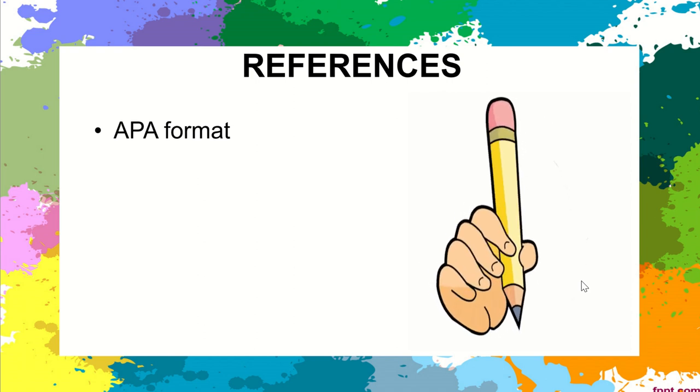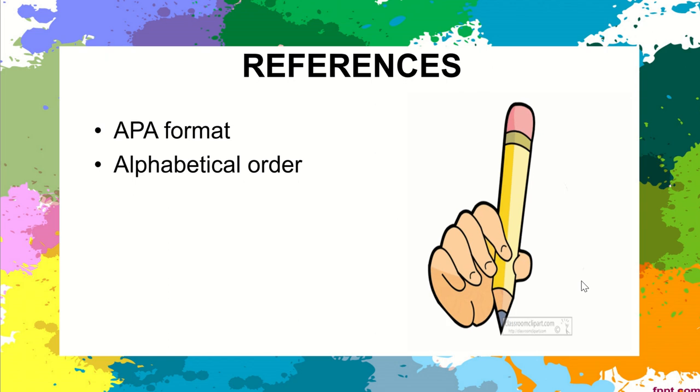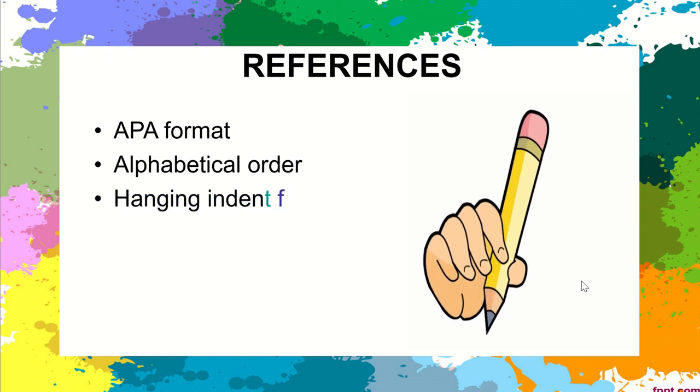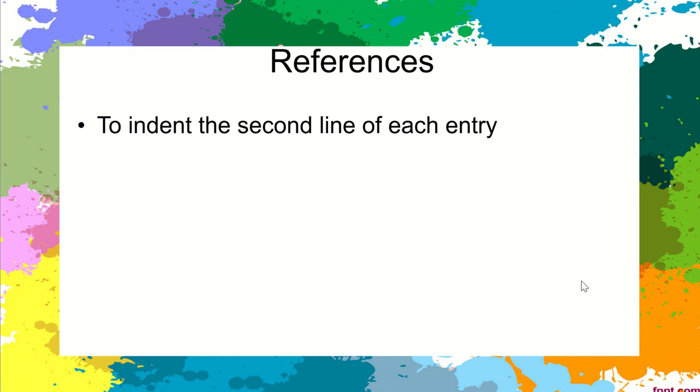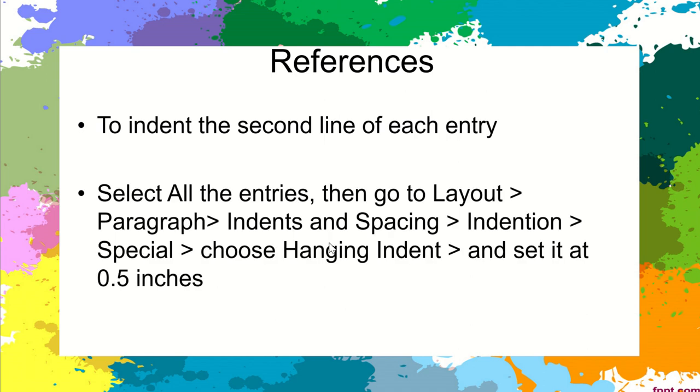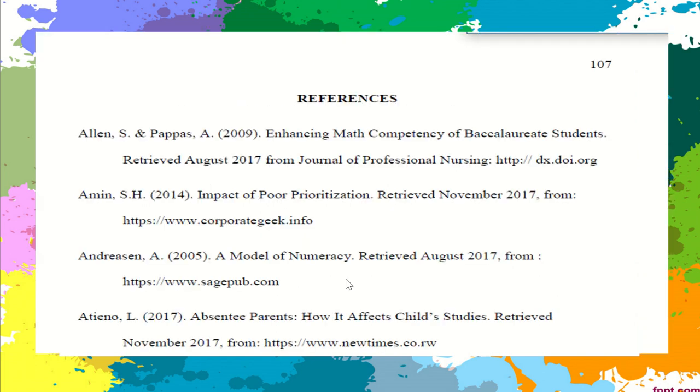in our next topic. This is organized in alphabetical order, hanging indent format yung ginagamit natin. So to indent the second line of each entry, ito how you're going to structure or format yung inyong references section. So you just follow this one to format your references section.